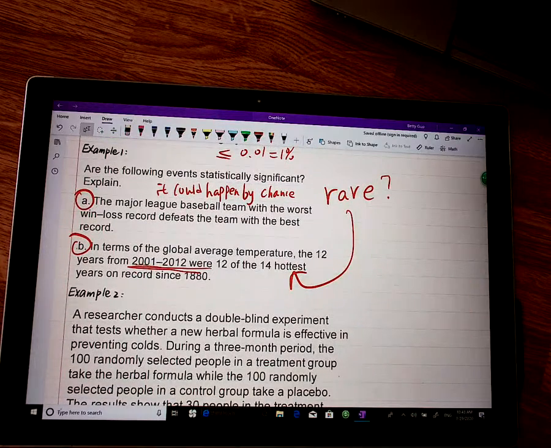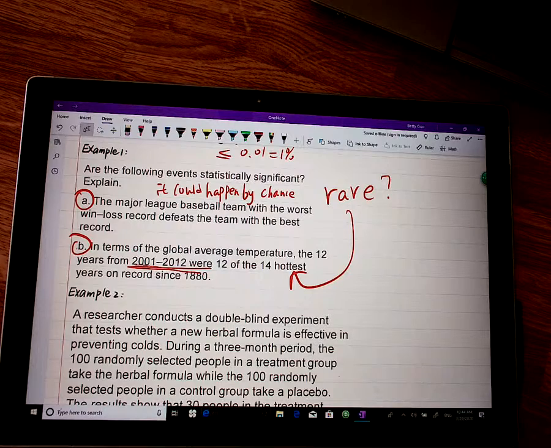Example 1. Are the following events statistically significant? Explain. A. The Major League Baseball team with the worst win-loss record defeats the team with the best record. So you tell me, is that rare or not rare? It could happen by chance or not.